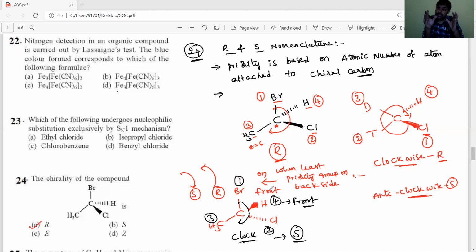So you must identify that difference carefully. Okay students, that is about RS nomenclature. It is very easy and rarely do they ask this kind of question. Okay students, let's go to the next question.